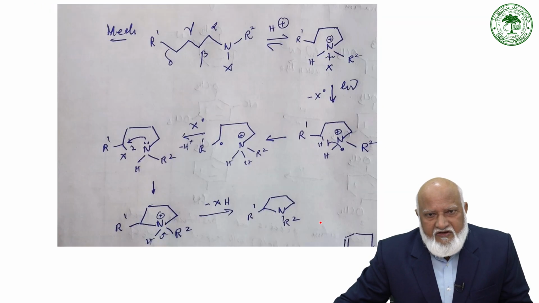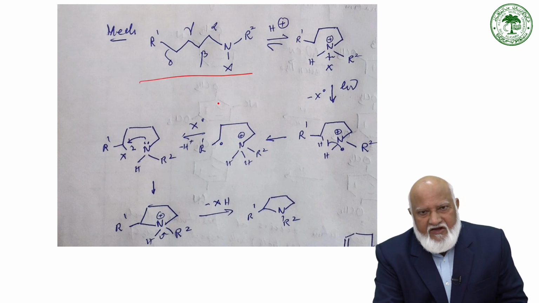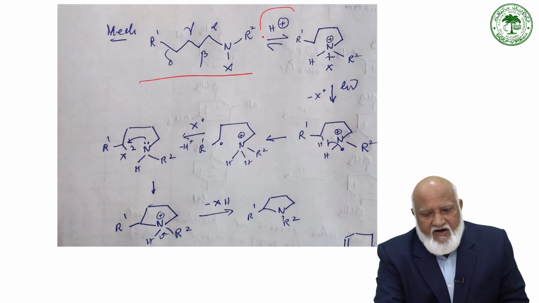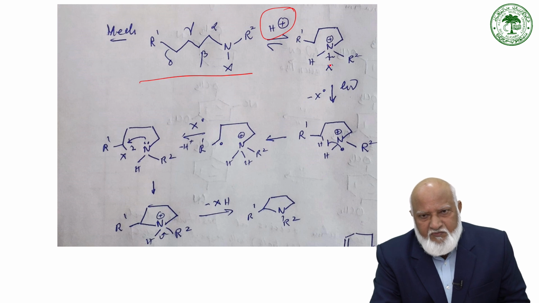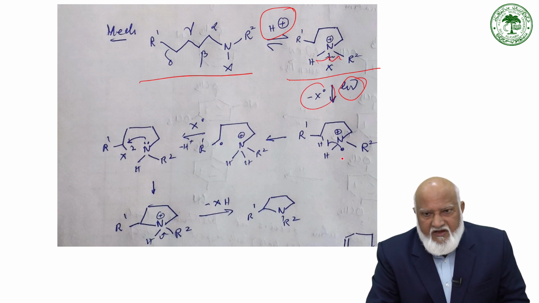So the mechanism of this reaction can be represented as follows. The N-halogenated amine under acidic condition can get protonated to give the N-protonated N-halogenated amine. This under photolytic condition undergoes homolysis to give X dot and the nitrogen radical.